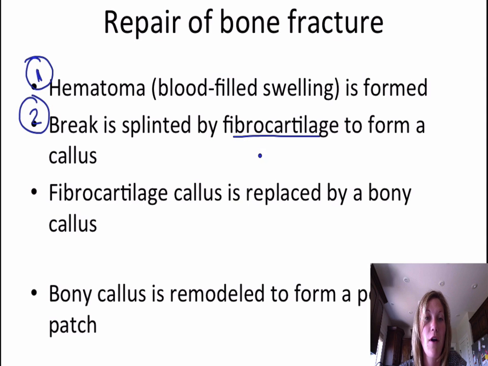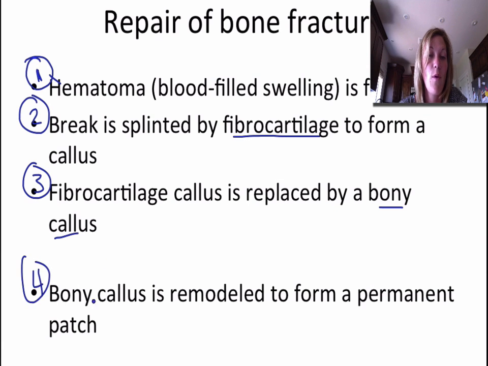Hematoma forms first, fibrocartilage forms second. Next, our fibrocartilage callus is replaced by a bony callus. So hematoma step one, fibrocartilage step two, and then step three, the bony callus.